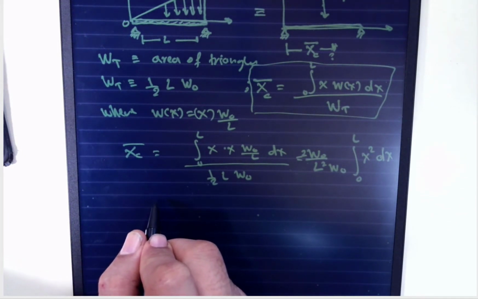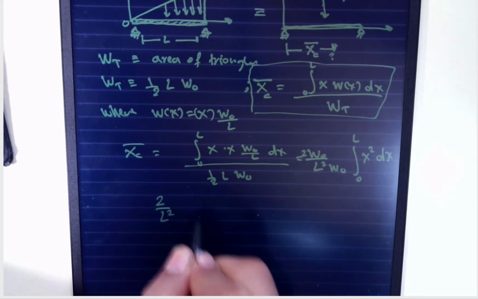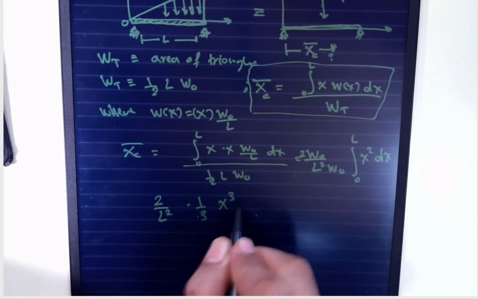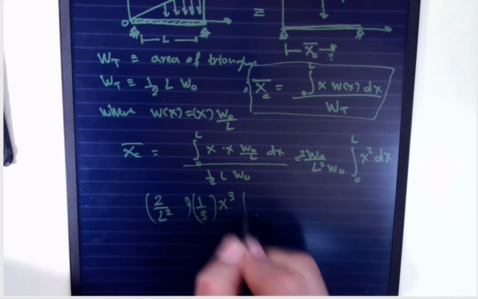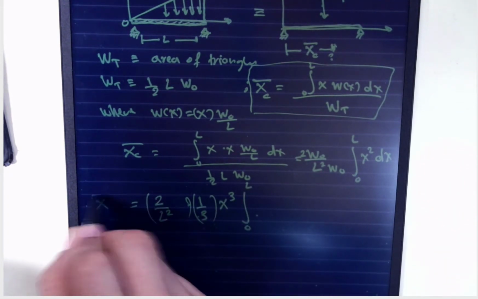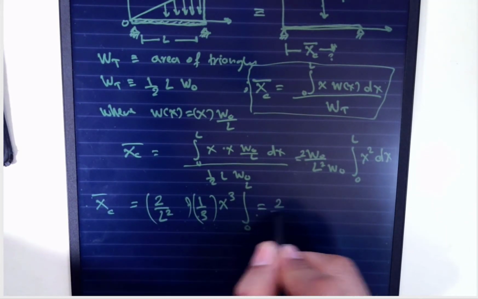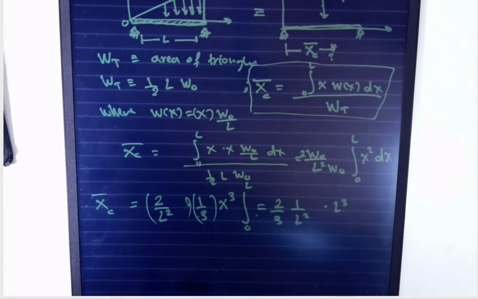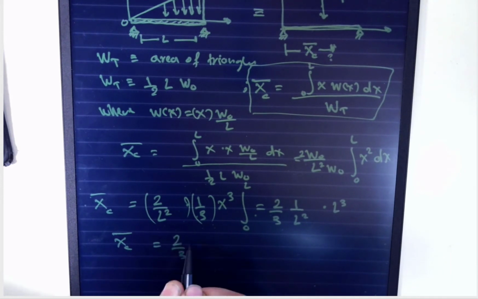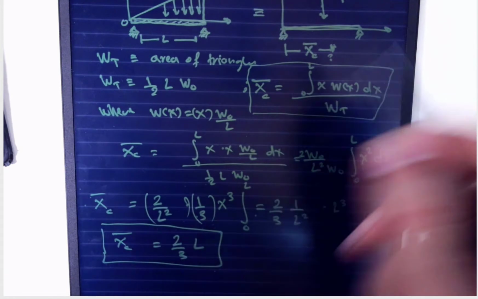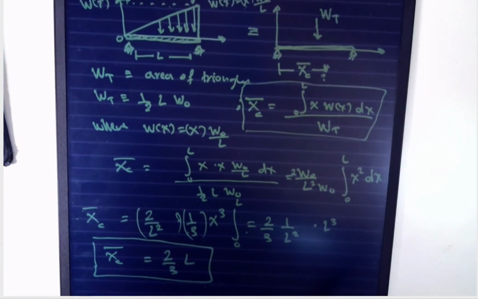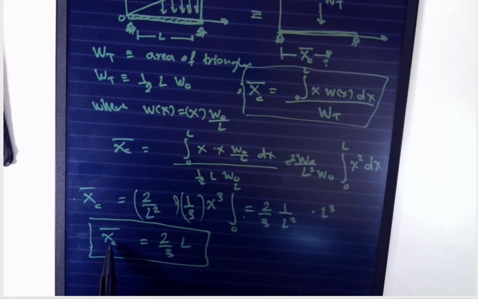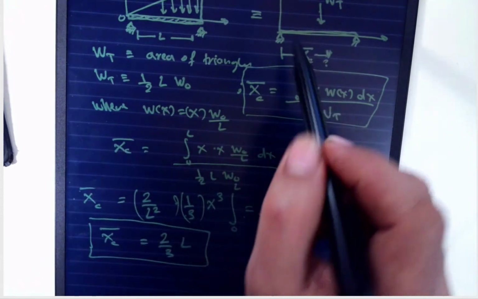We end up with the following: 2 over L squared multiplied by the integration of this, which is 1 over 3 x to the power 3, substituted from 0 to L. That is equal to 2 over 3 times 1 over L squared, multiplied by L to the power 3, and that equals, so this is what I wanted you to memorize, 2 over 3 multiplied by L. So for the triangle, the location measured from O, from here, is 2 over 3 L.